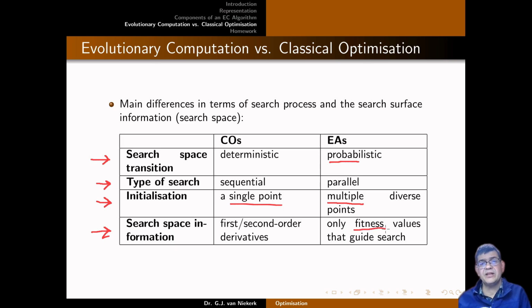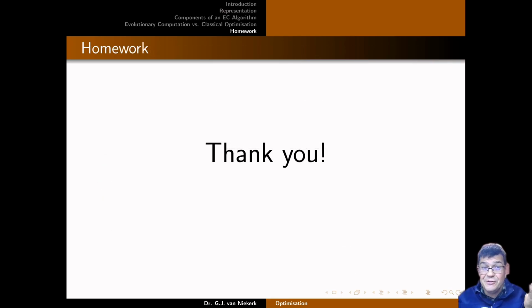The fitness function guides the search in which direction you could possibly go. And of course, because it's probabilistic in nature, it might not even follow the fitness function. It might follow a completely different route. But that's the only part that actually guides the evolutionary algorithm. Those are the main differences, and that's evolutionary algorithms.